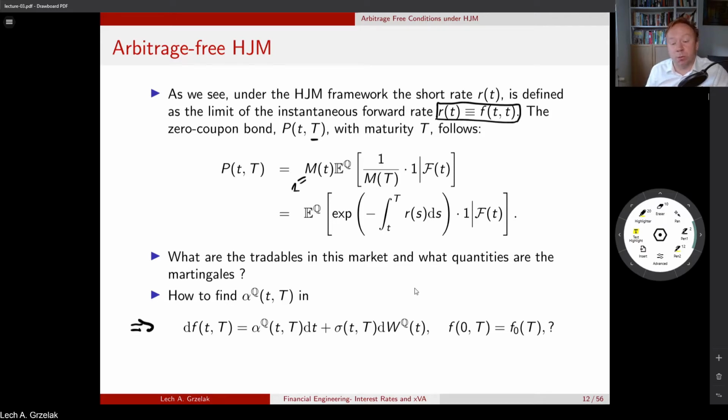Of course, once we talk about the risk neutral measure, this means that every asset in our market, divided by the numeraire, has to be a martingale. This is the important step to derive those parameters, alpha and of course sigma.